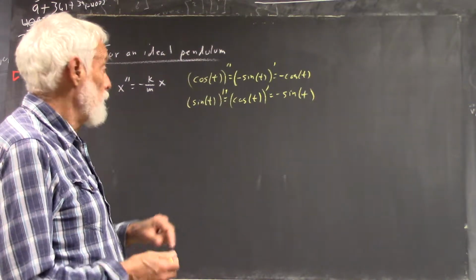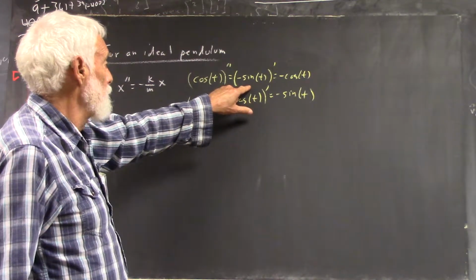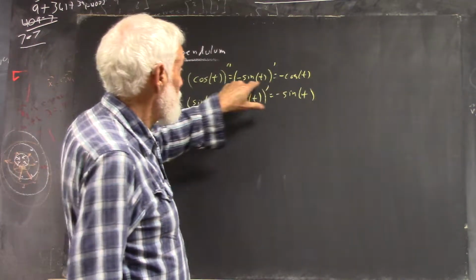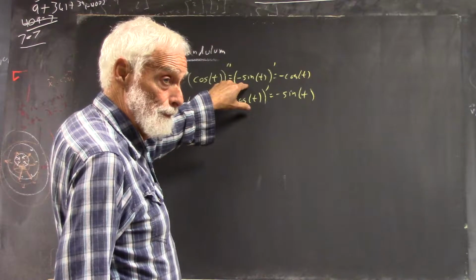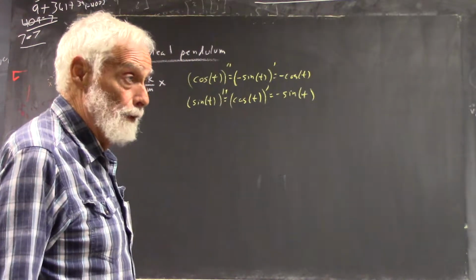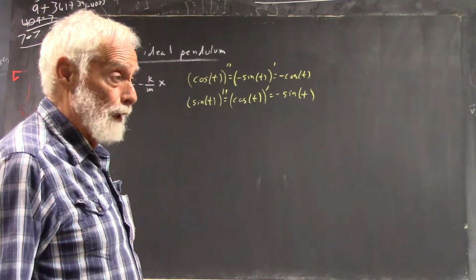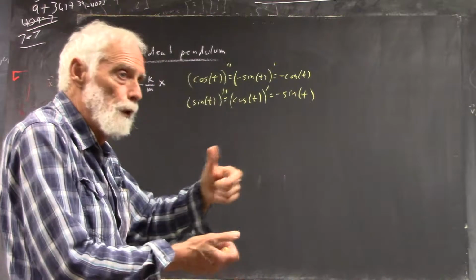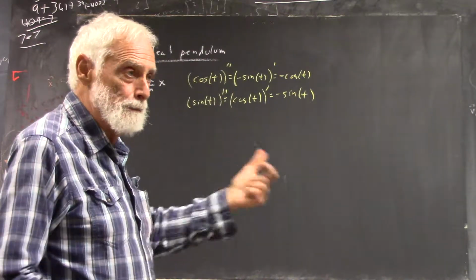You've got to understand that this function gives you the rate of change of this function at an instant, and this function gives you the rate of change of this function at an instant. You should understand what that means in terms of graphs, and especially as we go through this course, in terms of the things you see moving around and stretching and deforming.